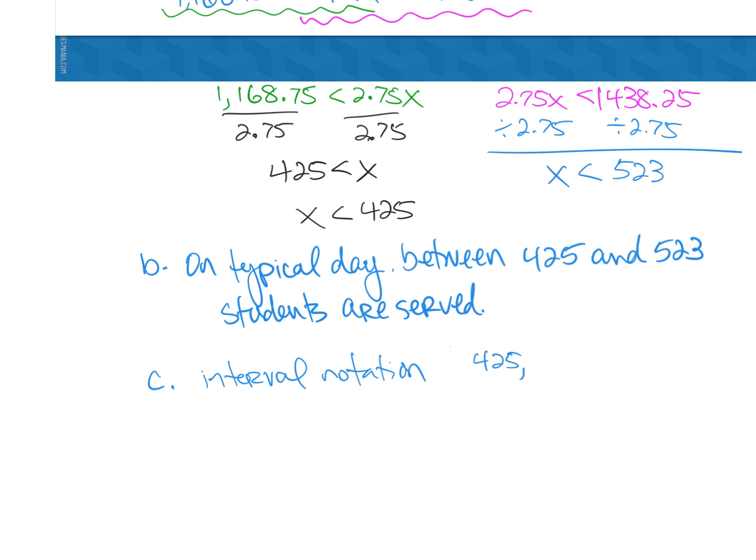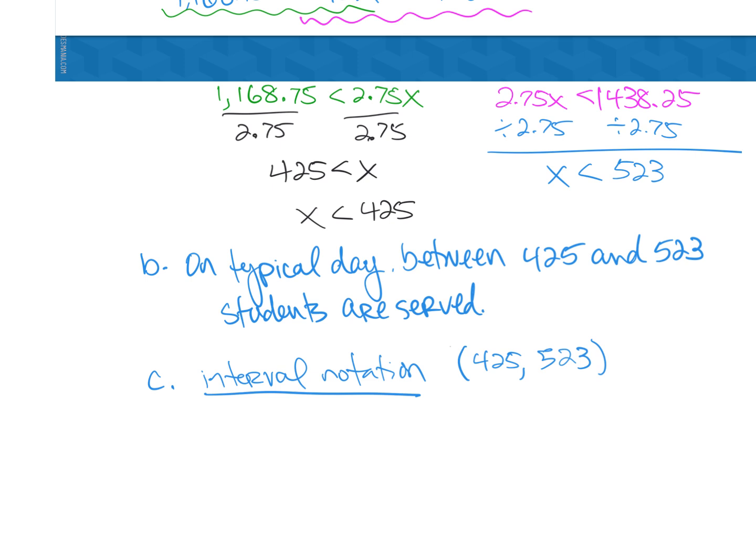No, we're going to do the parentheses, meaning that we're not going all the way to 425. We're actually going really close to 425. And then we're going all the way up to 523. But again, notice how it's x is less than, not equal to. Then we're going to put this parenthesis. So brackets is equal to, parentheses is not. So this is the interval notation.